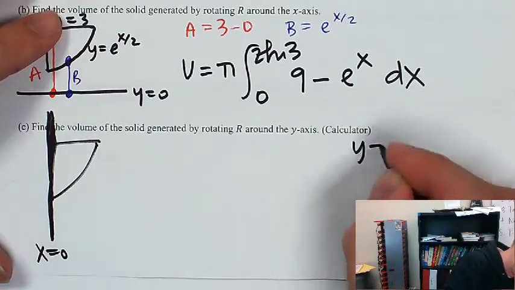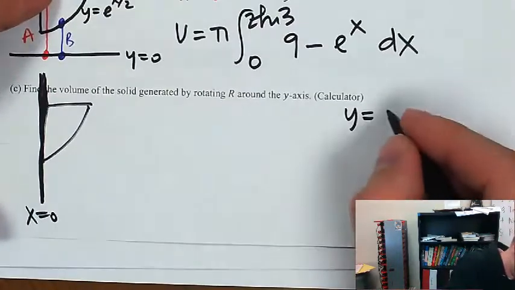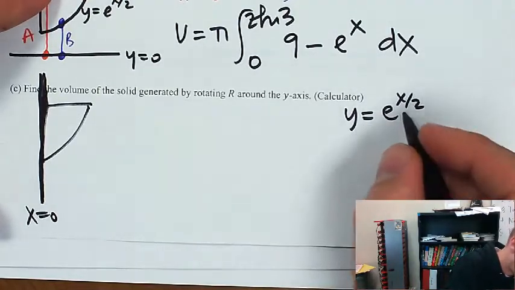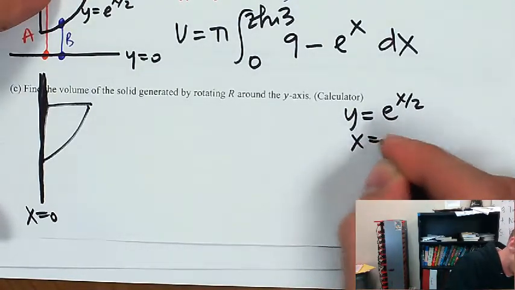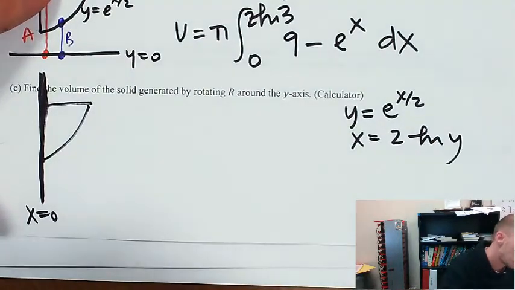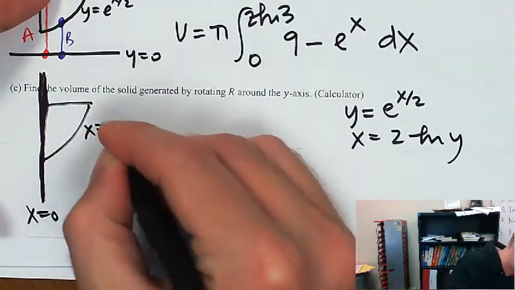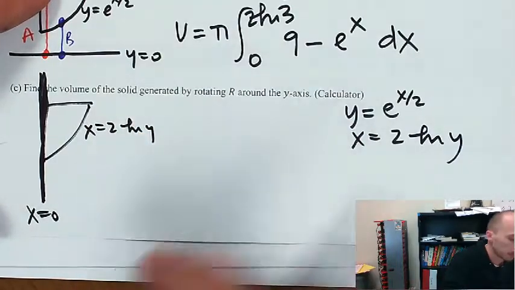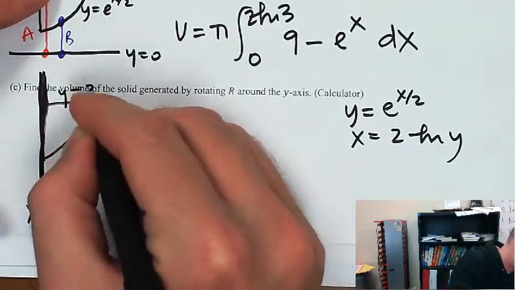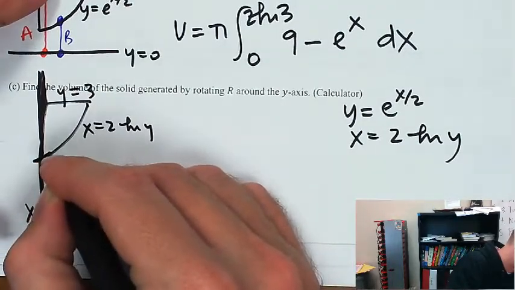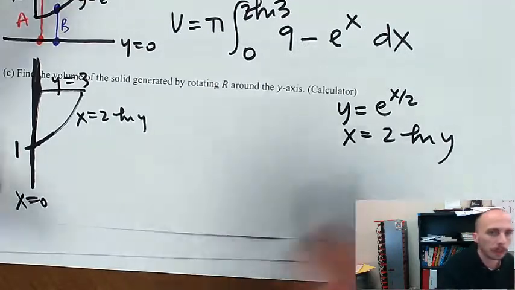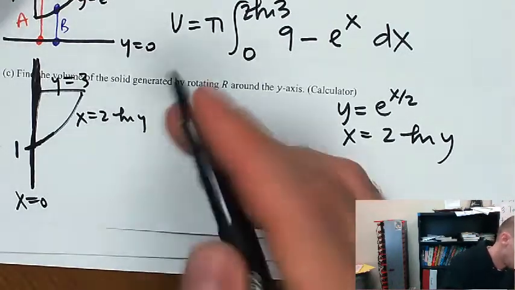If we're interested in y equals e to the x divided by 2, x divided by 2 will be log of y, and x will equal 2 log y. Right, and then this is y equals 3. Now it's probably worth pointing out that this intersection happens at y equals 1, because I'm going to need to integrate from y equals 1 up to y equals 3.